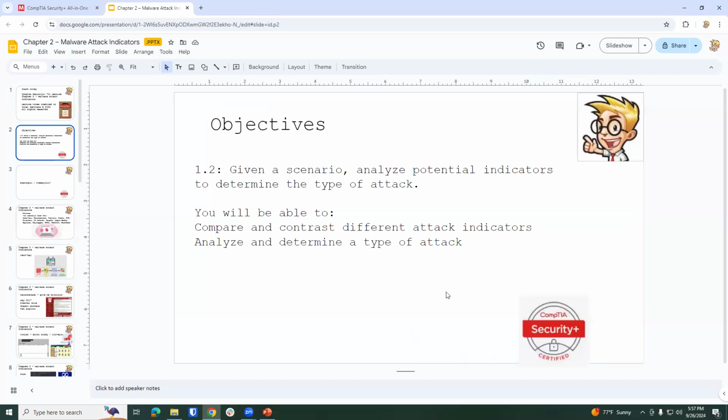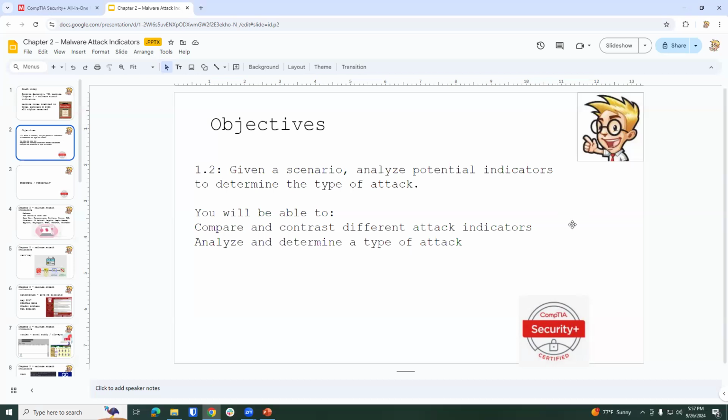Okay, so what is the objective? We're going to do the objective in the Security Plus, 1.2, sorry. Given a scenario, analyze potential indicators to determine the type of attack. So how will we measure your ability? We can compare and contrast different type attack indicators.